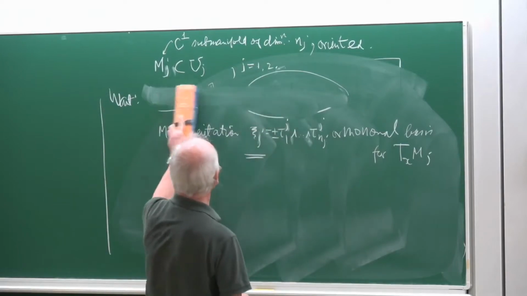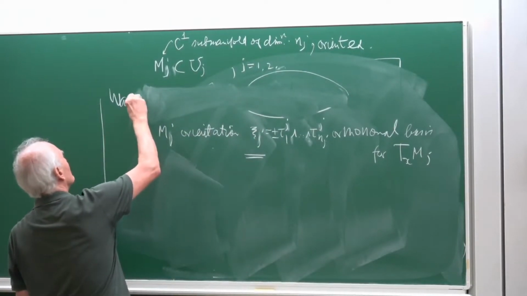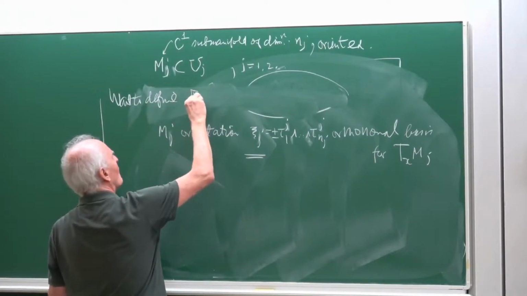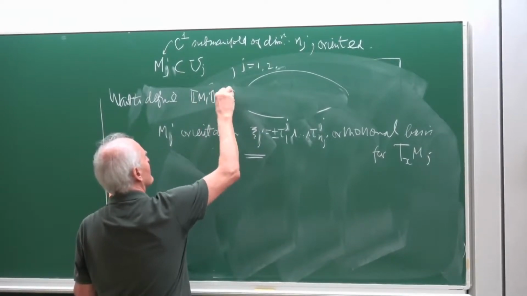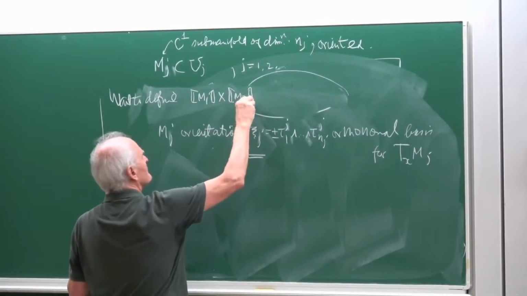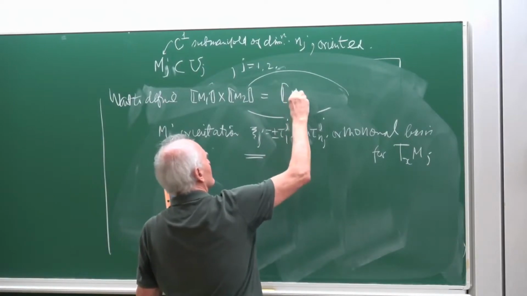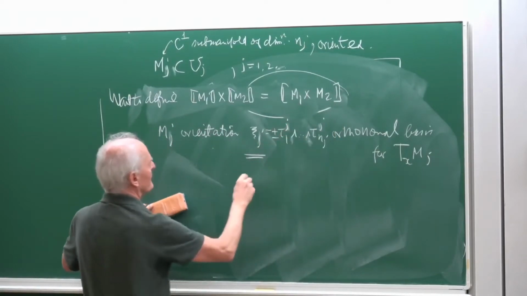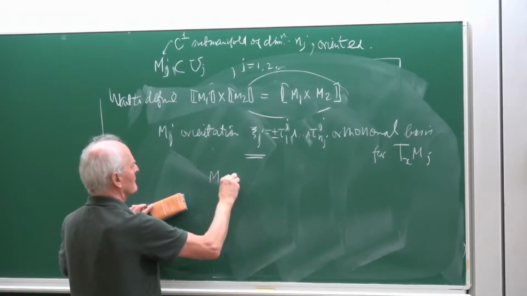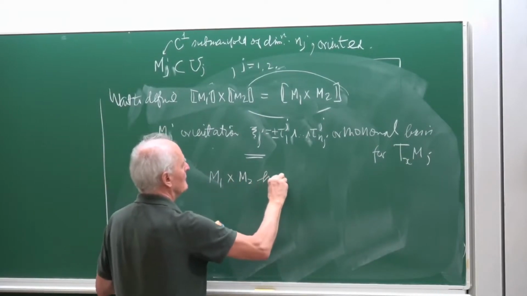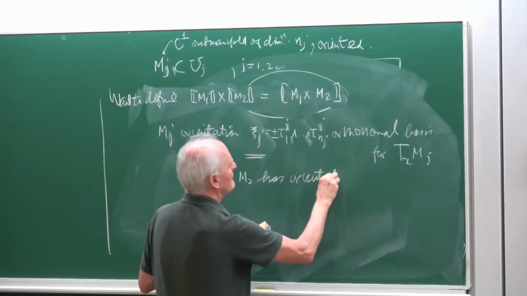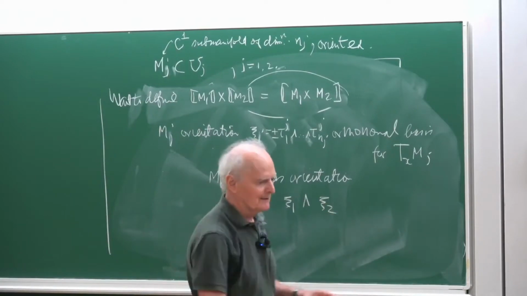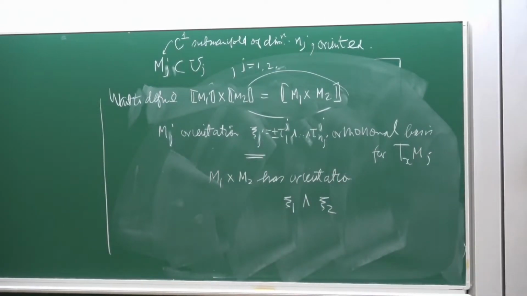So we'd want to define a Cartesian product M1 cross M2 so that it works out to be exactly just the current corresponding to the Cartesian product. And remember, this guy has orientation xi1 wedge xi2. Now stare at that for a minute and tell me what's wrong with that statement.